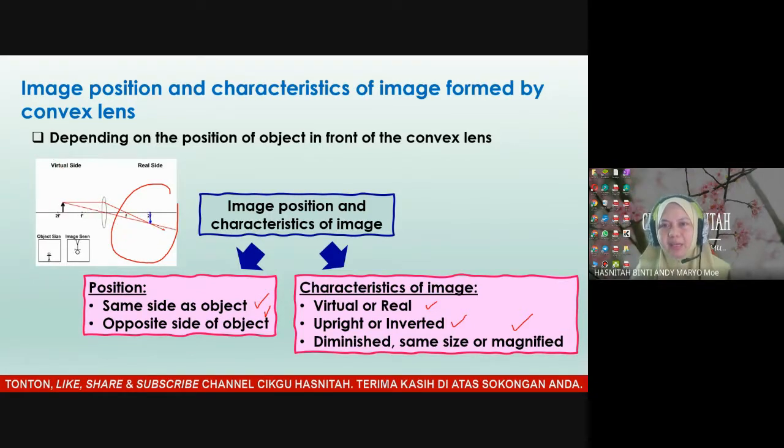Okay, we are discussing it now, Nicholas, real image and virtual image. And a virtual image is the image that cannot be formed on the screen.